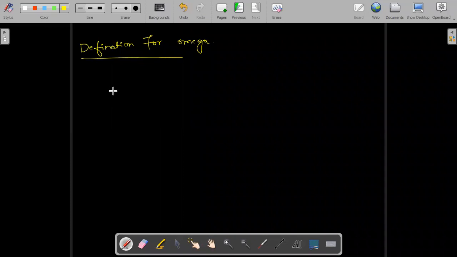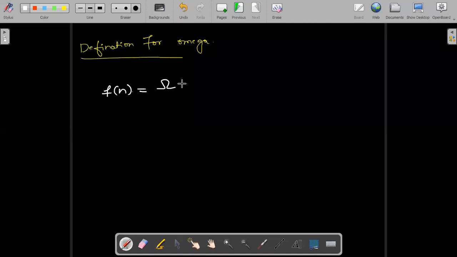See here, everybody observe. Suppose f of n is equal to omega of g of n. This is exactly what we have to prove. When function f of n is equal to omega of g of n, this is what I wanted to prove. When you go to the big O, without a constant, is it possible to prove?